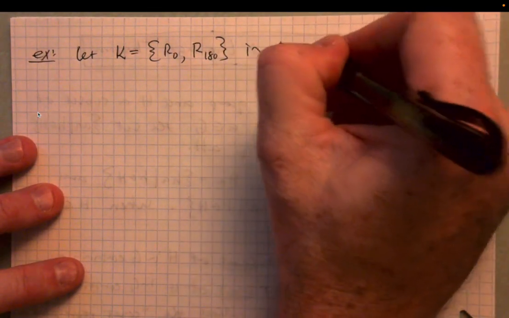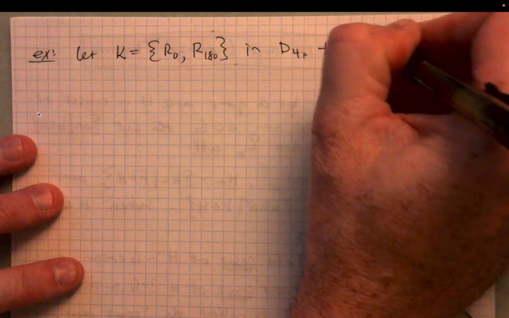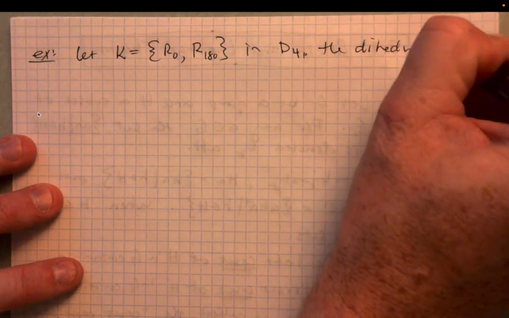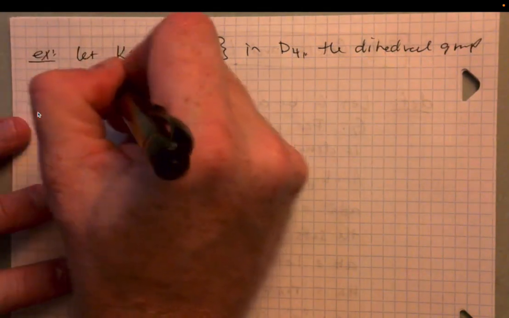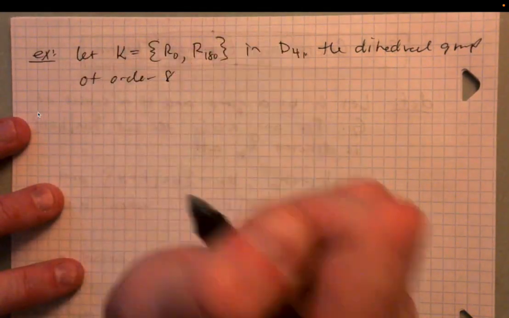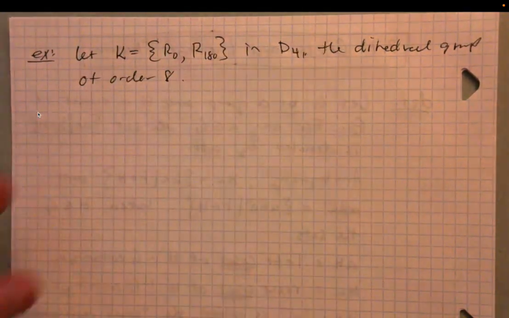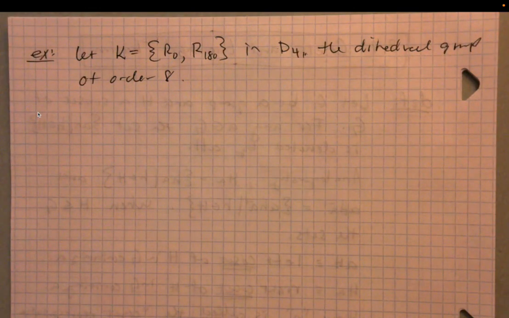Okay. Now remember, D4 is the dihedral group. It's the dihedral group of order 8, I guess. Okay. Let's look at the cosets related to this subset of D4.